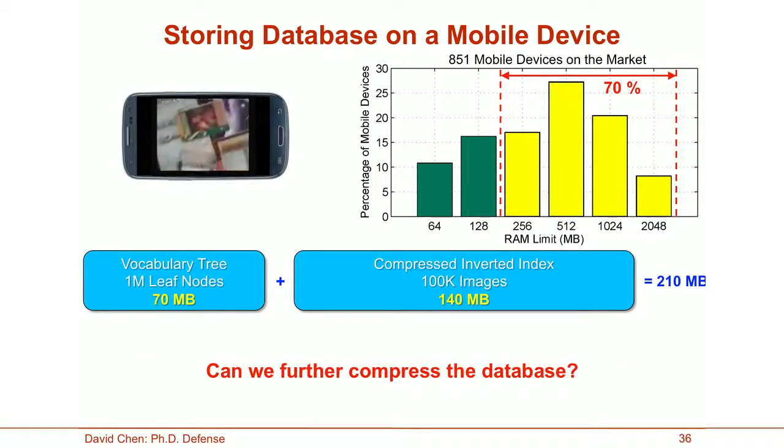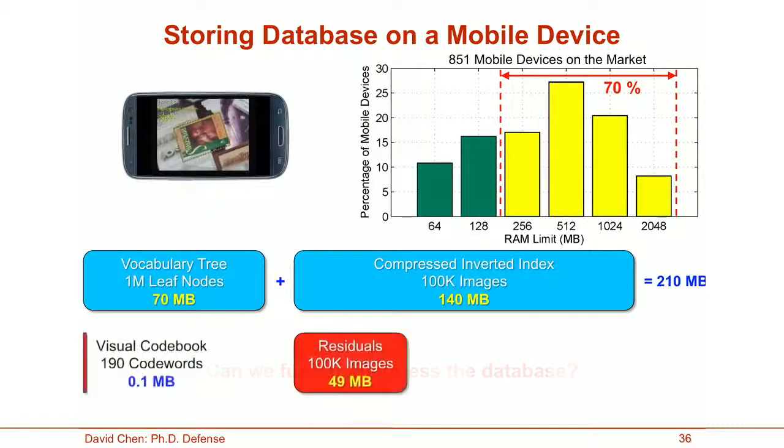But the interesting question is, can we do much better than this? As a preview of the results of the next section, I'll show we can reduce the visual codebook size to just 190 codewords, requiring around 0.1 megabytes. And we can replace the compressed inverted index by compressed residuals for the same 100,000 images.